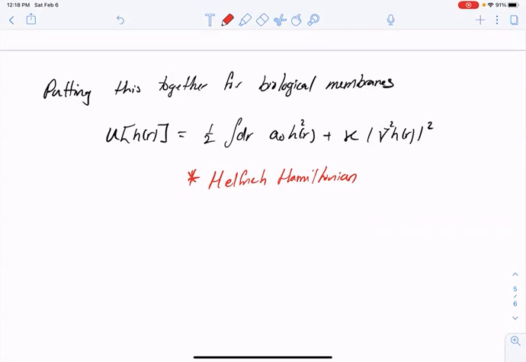Now that gradient makes this look a little complicated, but really this is just a Gaussian Hamiltonian. It's bilinear in h. And as such, the tricks that we've used to work out the response and the statistics, the correlations of a Gaussian field can be brought to bear on this system too, described by this model.